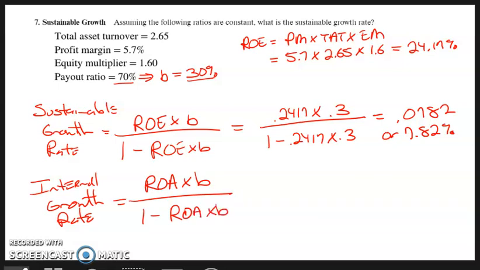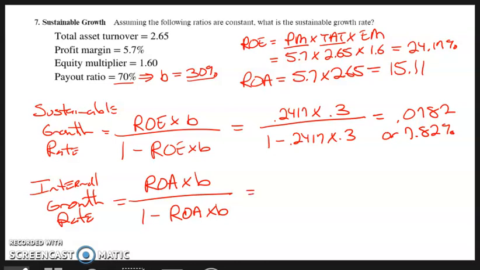So our ROA in the DuPont equation is just profit margin times total asset turnover. ROA, so 5.7 times 2.65 equals 15.11.